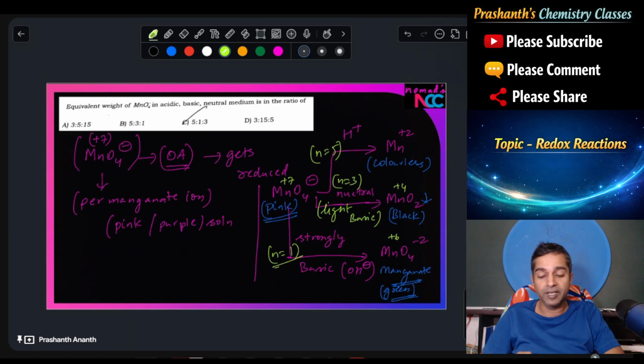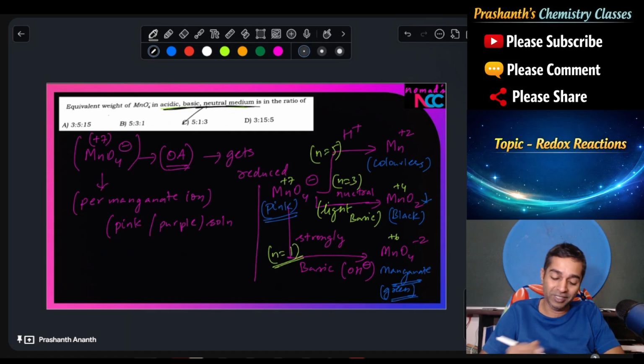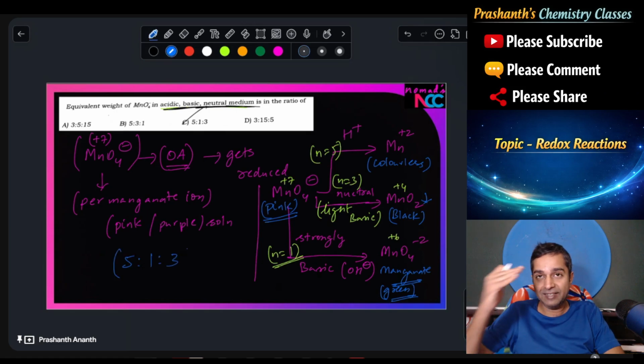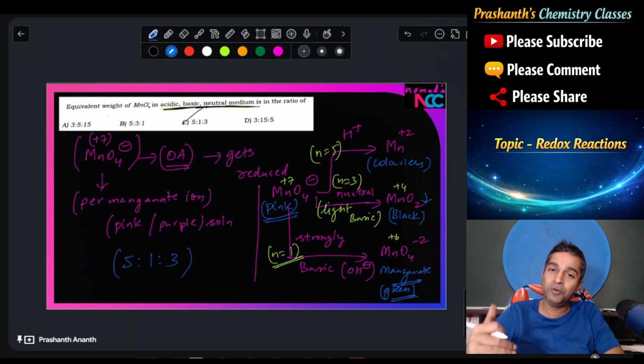They are asking for the ratio, acidic to basic to neutral. So it is 5:1:3, which means option C is the correct answer for this question.